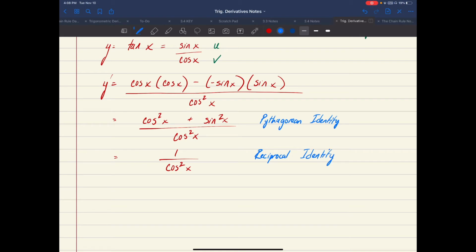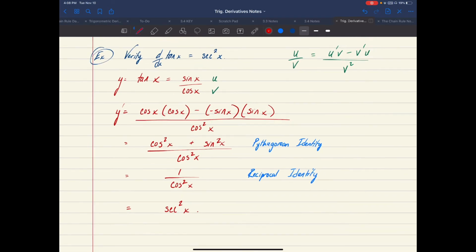So what we end up with is secant squared x. So it has been verified.